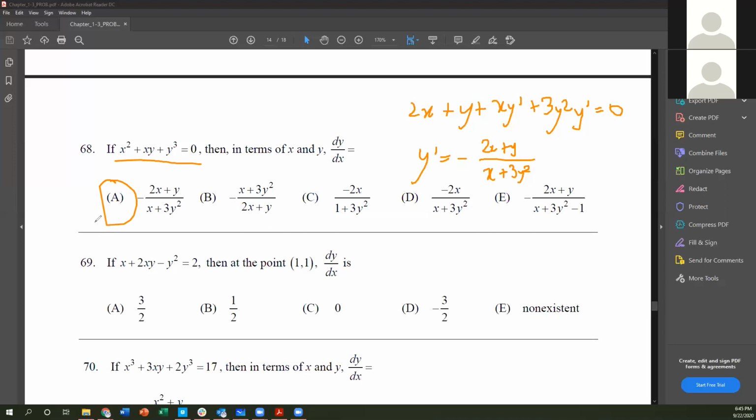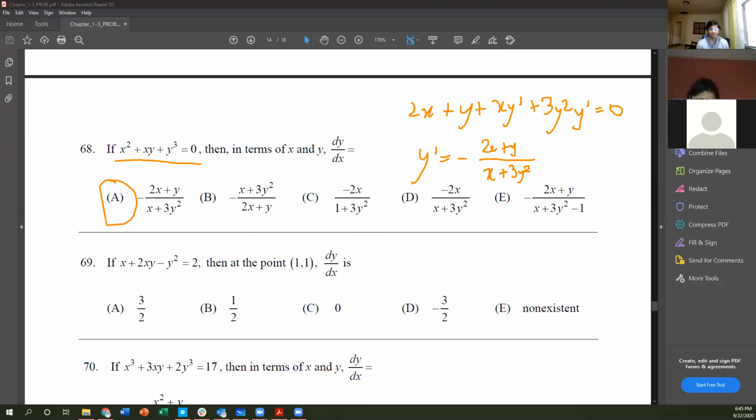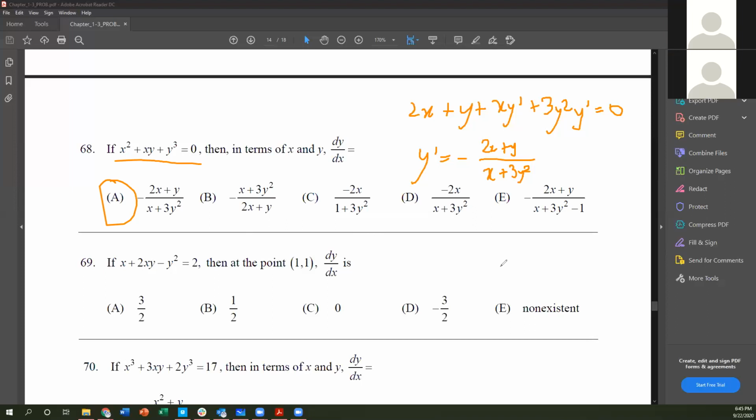Okay. Good. All right, let's try number 69. We're trying to find dy/dx at a certain point. All right, let's have Zachary. Do you want to try this one? Sure.